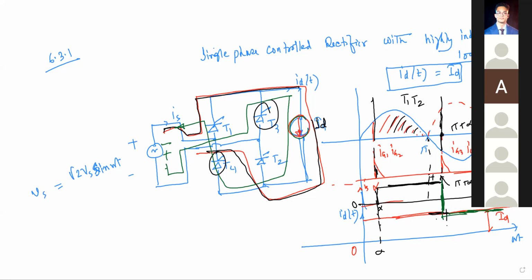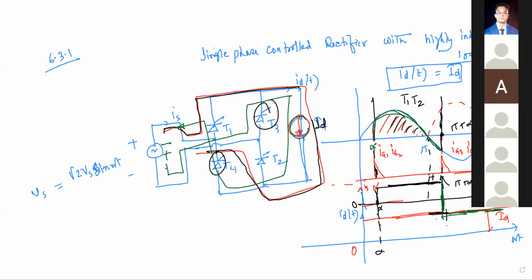Now if we apply Kirchhoff's voltage law, then after alpha, Vd must be Vs, as long as T1 and T2 are conducting. It will be like this.